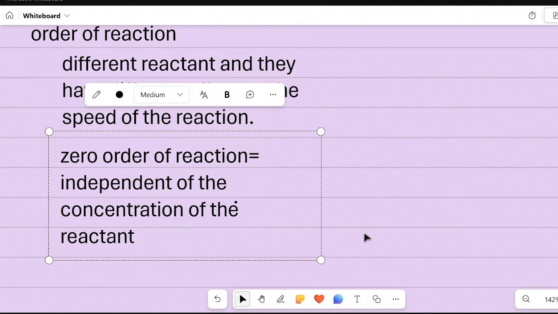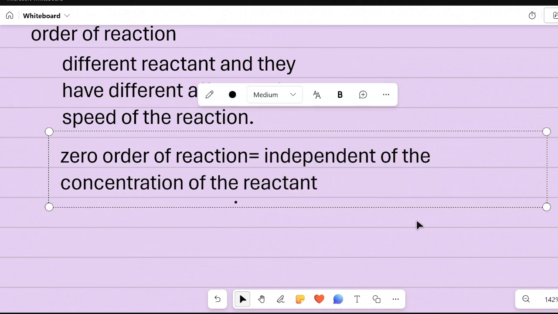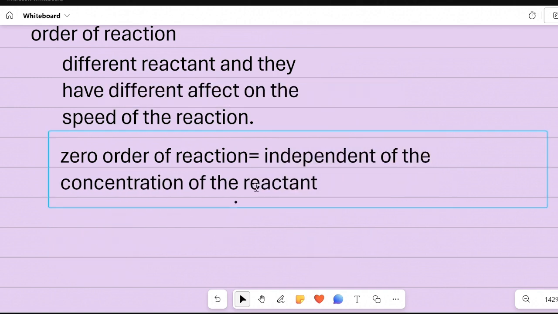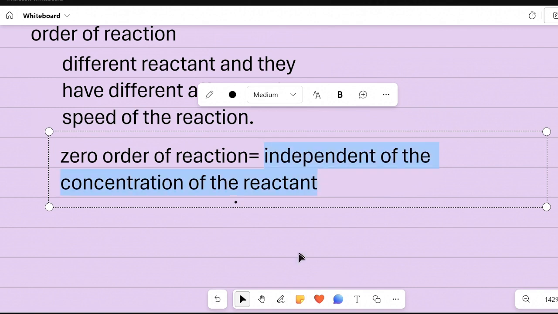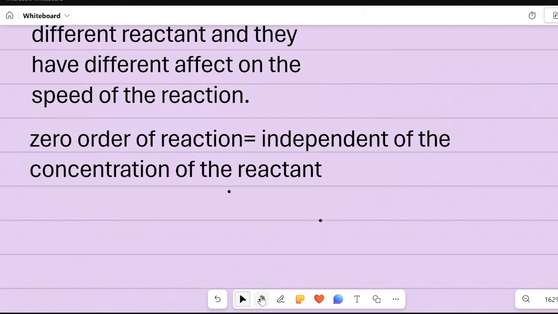It means that if you change the concentration during the experiment, it's not going to affect the speed of the reaction. Why is that? It's simple, because the reactant quantity is not affecting the speed. That's why we call it the zero order of the reaction.